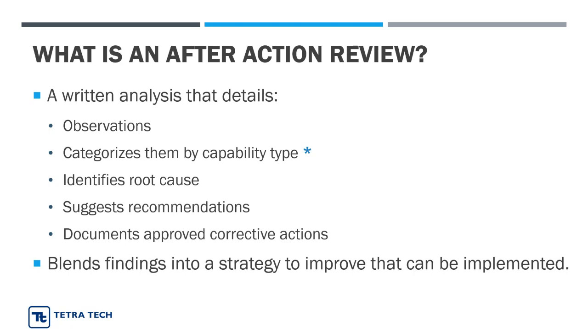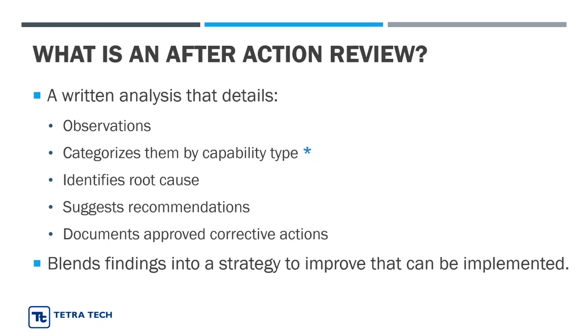And once they do that, that becomes a strong foundational tool for the after action process. So whatever you do, you need to categorize these observations and this data in some fashion so it makes sense for you, so you can apply the information to your organization.